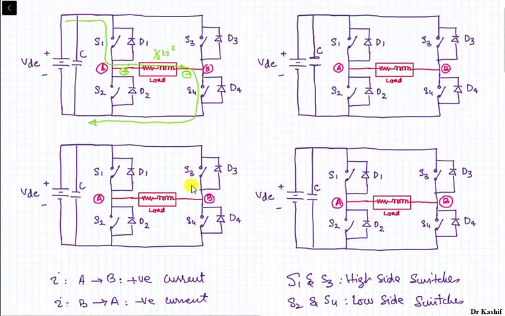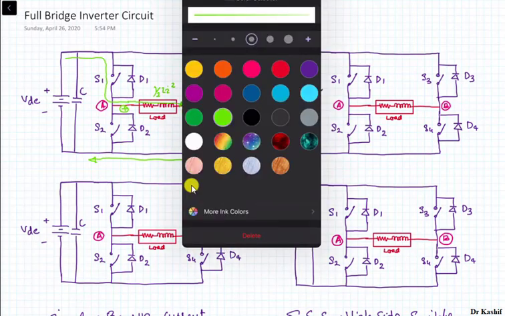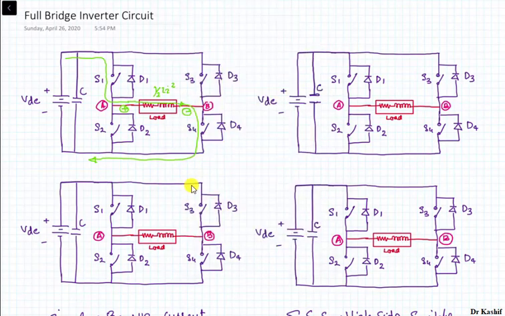Now let's suppose that we turn off these switches S1 and S4, both of them are turned off. So your inductor will resist the change in the current. Because of that resistance, the polarity across the inductor voltage will become opposite, because the induced voltage will be negative, and the inductor voltage will be given by L di by dt.